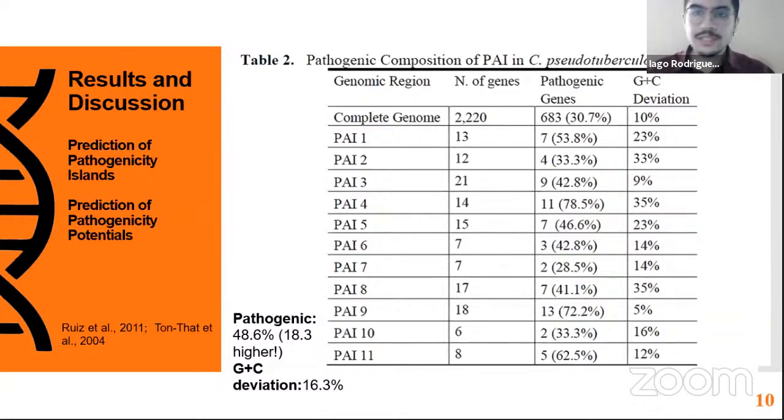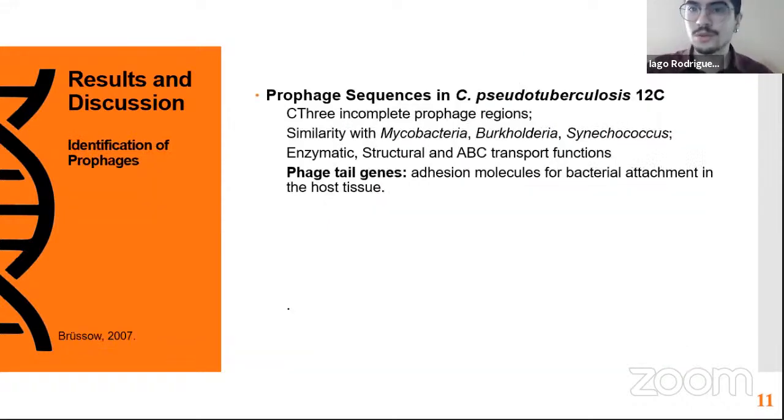And while the GC deviation of the complete genome was about 10%, in these pathogenicity islands, we calculated a mean value of 16.3%. So highlighting the importance of how to predict these islands. They have some important particular characteristics.